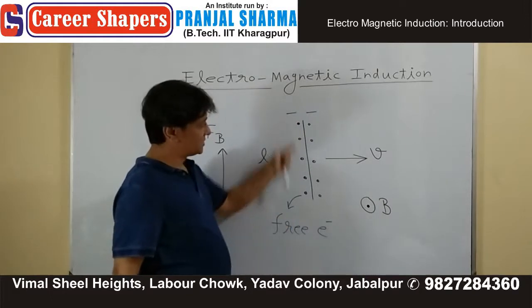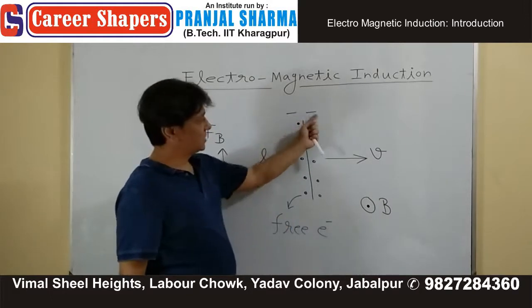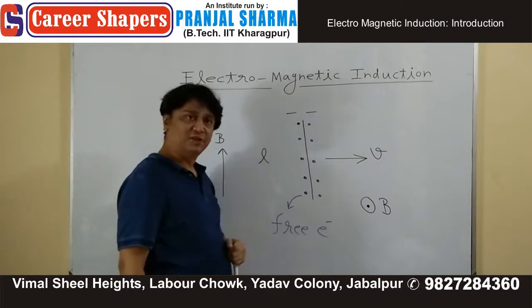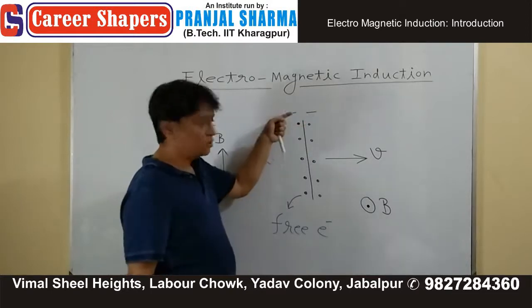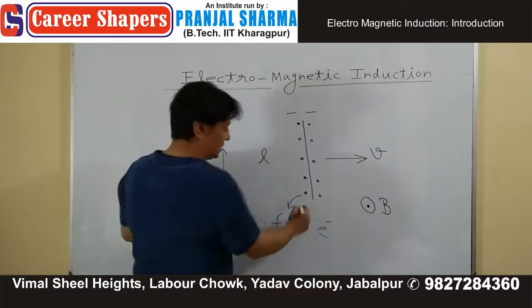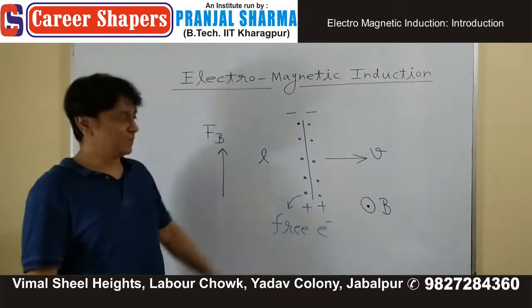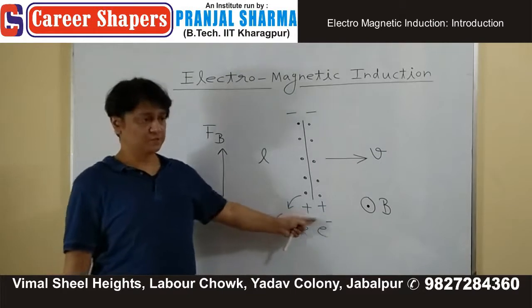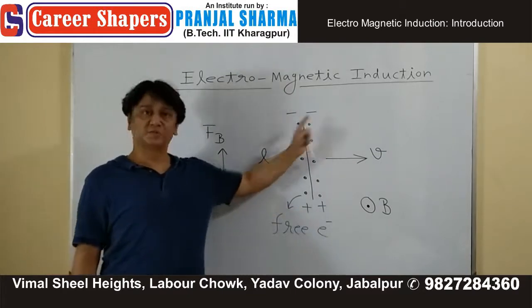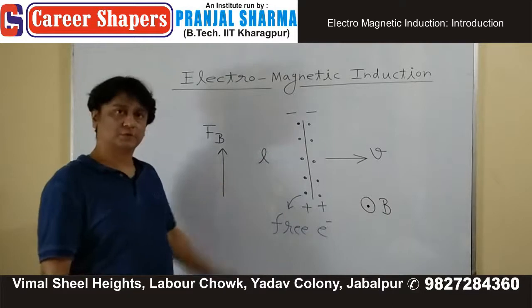As the electrons move to this place, it becomes negatively charged. And since electrons are moving this side, this place will become positively charged. I hope you can see plus plus, minus minus, because of this force.